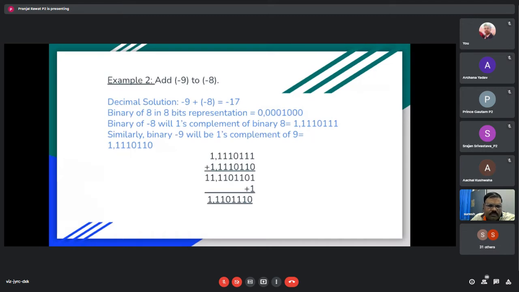Binary of -8 will be the signed ones complement of binary 8, which is equal to 1,1110111. Hence the sum of binary -9 and binary -8 will be the sum of -9 and -8.